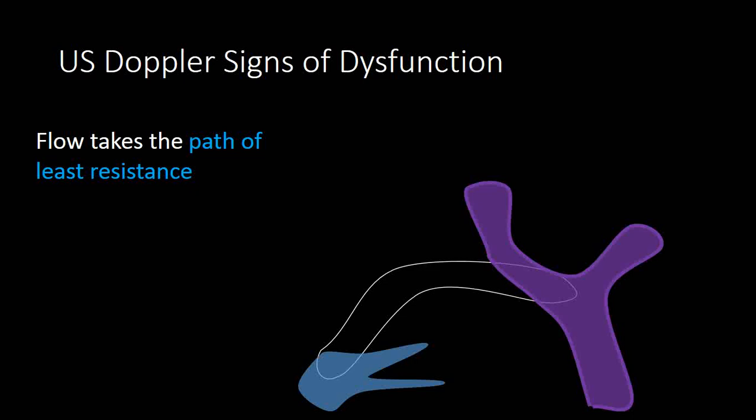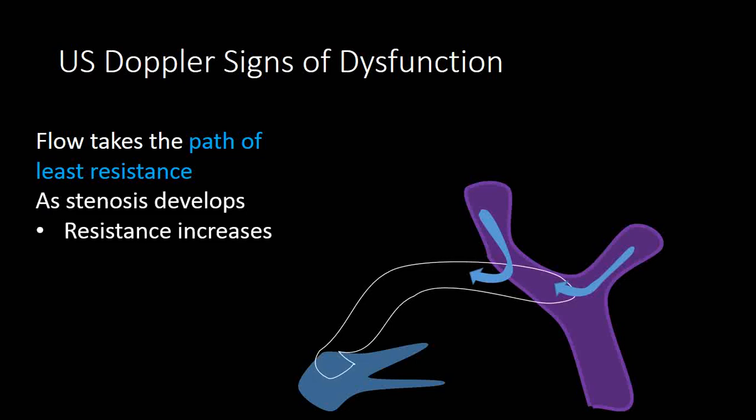Also remember, flow is going to take the path of least resistance. So in a person with portal hypertension and high resistance through the liver, when you place a TIPS stent, that relieves that resistance, and the flow within the portal venous system all should revert through the TIPS stent.